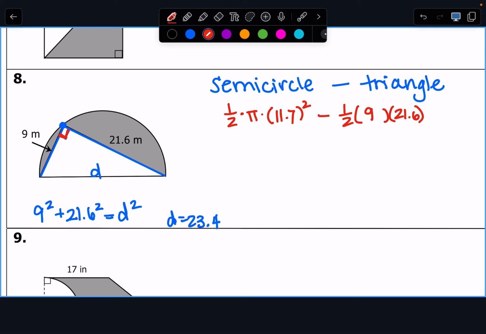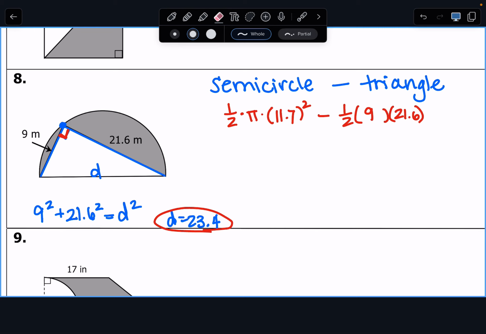So radius squared, 23.4 is our diameter. So we cut it in half to get our radius. Why do you need the diameter? How else are you going to get the radius? That's how you get the semicircle, and then you minus the triangle area.